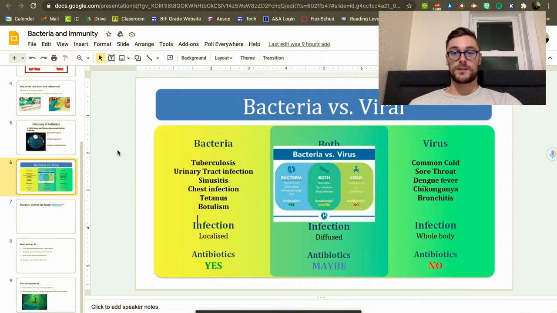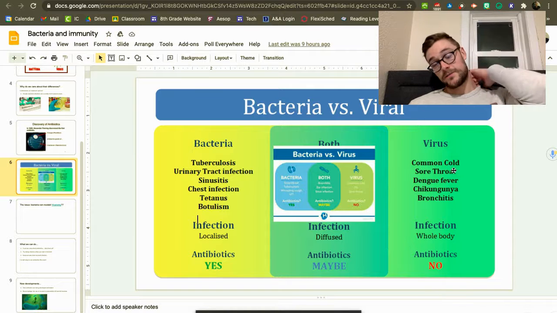And here's another example of the difference between bacterial infections versus viral infections. You have tuberculosis, urinary tract infections, sinusitis, chest infections, tetanus, botulism. These usually are localized to a certain area, and you can use antibiotics on them.